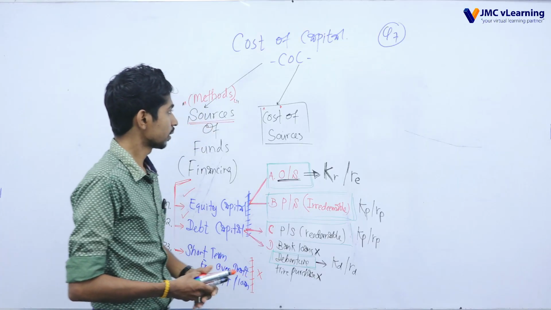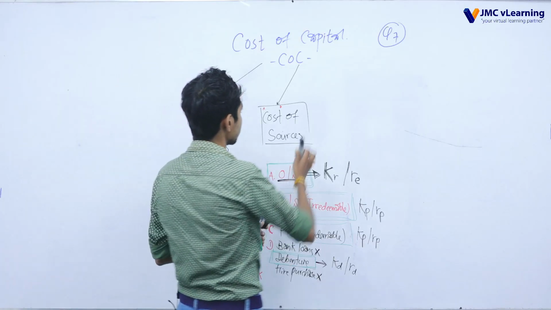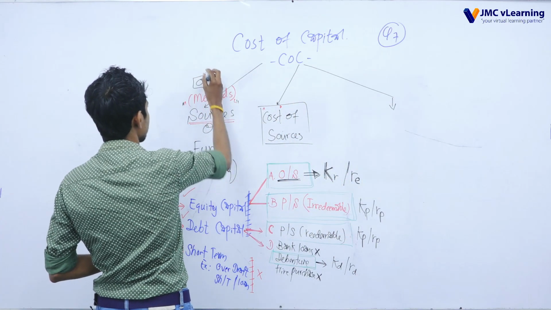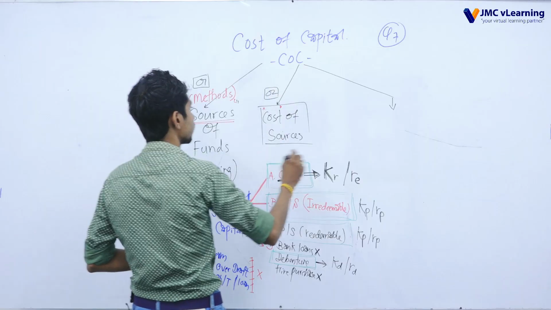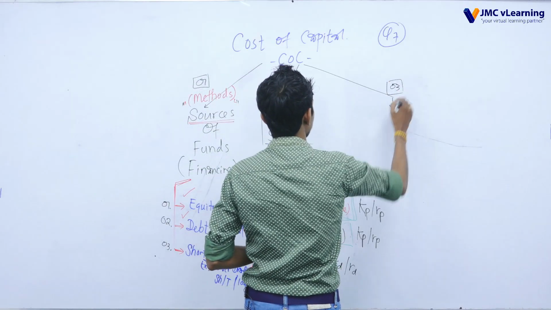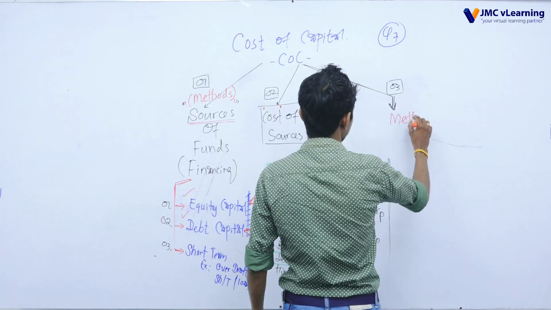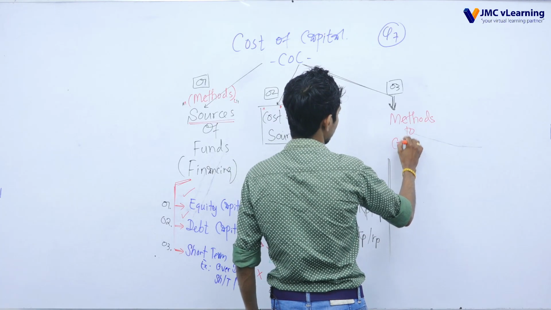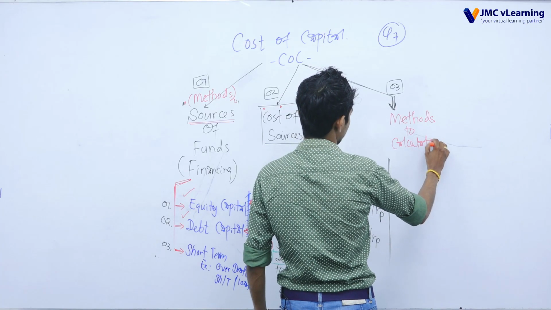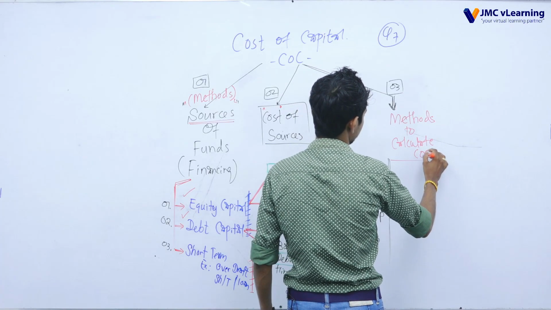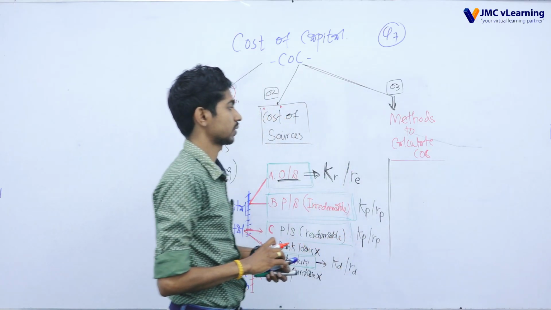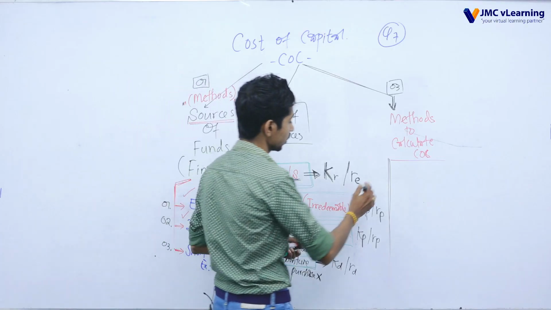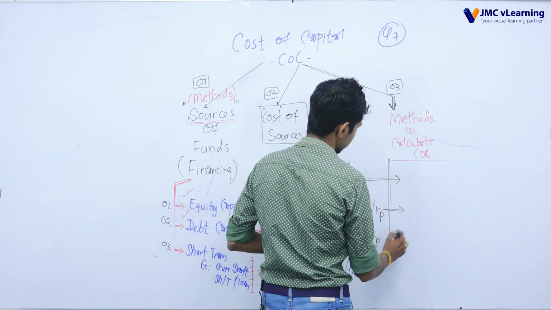Okay. Then we will move to the other discussion in our overview. That is the first one. This is the second one. Thereafter the third one: what are the methods or mechanisms to calculate the cost of capital? How to calculate the cost of capital by using each source?